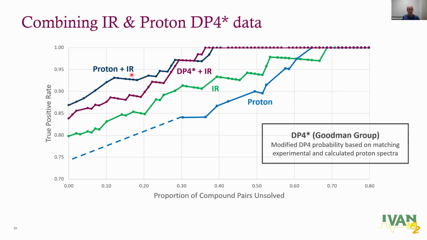So both for ACD derived proton scores, but also for DP4. So that's another measure of a match of a proton NMR spectrum against a calculated spectrum from the Goodman group. So we see very similar trends that actually if you combine proton and infrared, you get something better than either of those on its own.